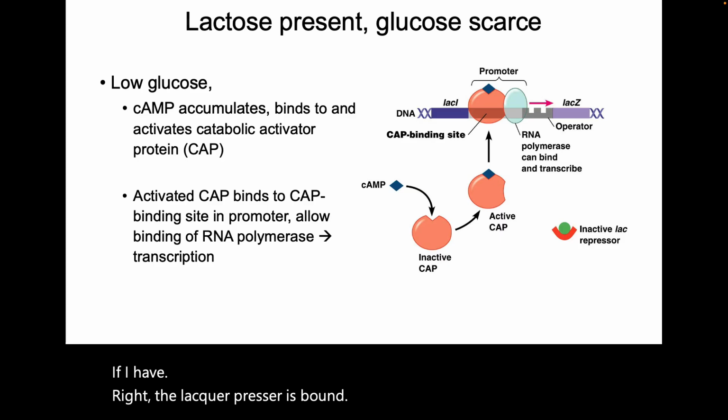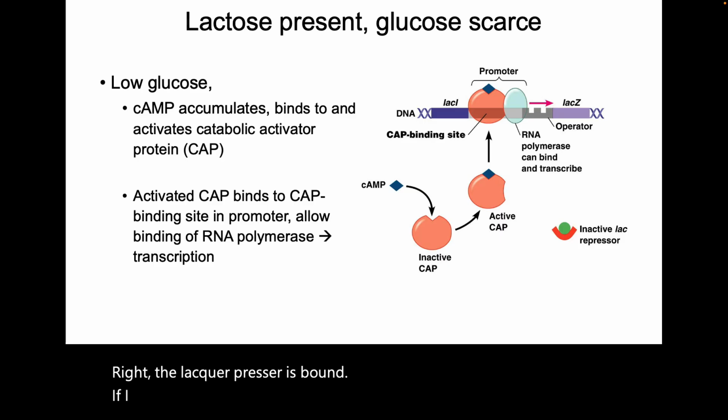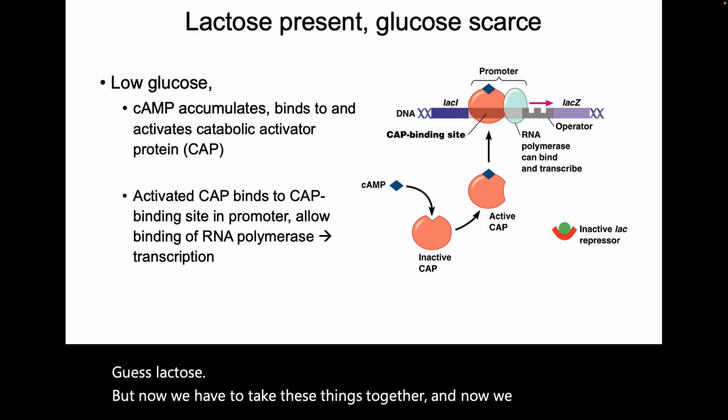If I have lactose, the Lac repressor should be unbound. No lactose. Yes, lactose. But now we have to take these things together, and now we look at transcription levels.